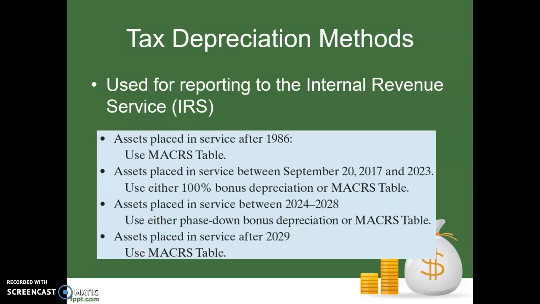So you could basically use it up a little sooner if you wanted to. But then this gets phased out over time. In the years of 2024 to 2028, you have a phased down bonus depreciation. And after 2029, we're back again to using the MACRS table. So we're going to look at example problems in which we do use the MACRS table and not this bonus depreciation that has been enacted and will eventually phase out.